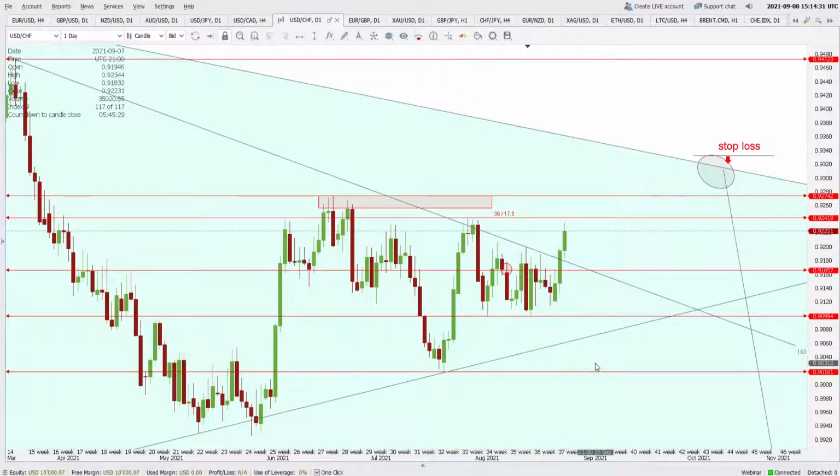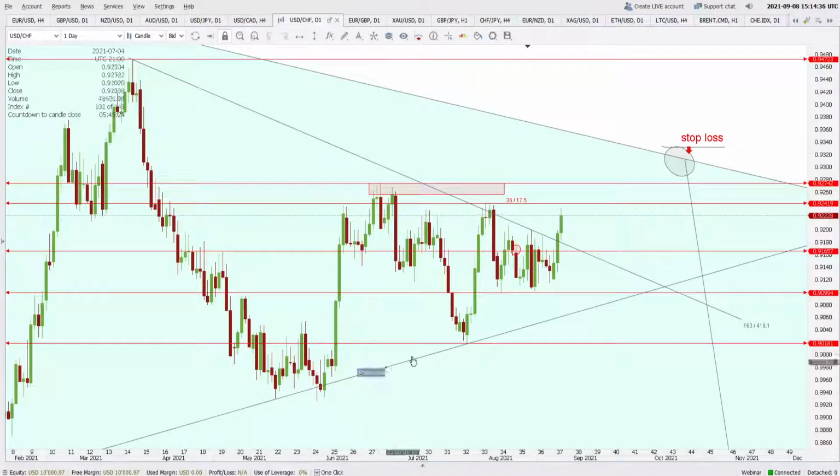There's actually nothing worth talking about here. The price has broken above this symmetrical triangle, but it is right into the resistance. We should have been buying this pair, but since it is already into the resistance, there is no point even buying this pair. So maybe let it go higher than this 0.9274 and meet this falling channel's resistance.